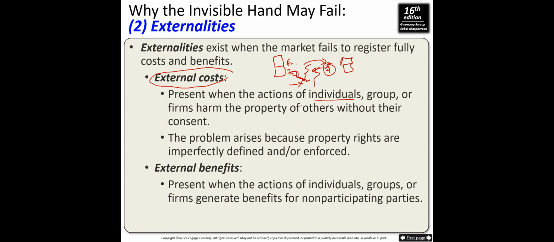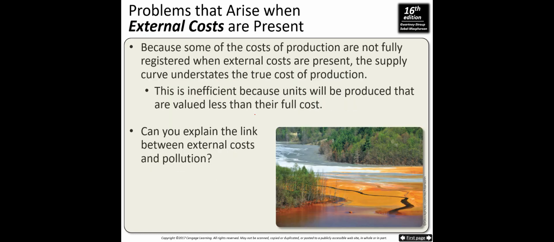We don't always have negative externalities. We have positive externalities too. In positive externalities, there are external benefits. The external benefit is the benefit to third parties, and external benefits are present when the actions of individuals, groups, or firms generate benefits for non-participating parties. So here is one external cost, as we talked about.